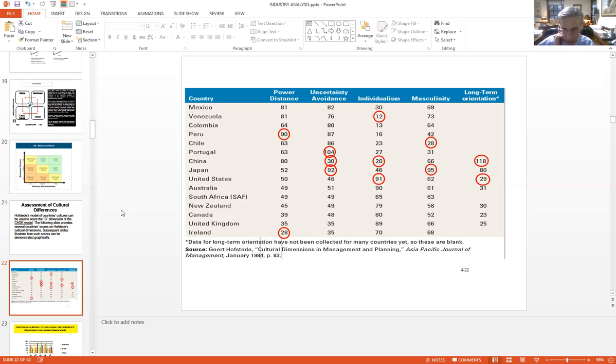Now, there's one other relatively new dimension of culture that has been posted partly on this chart, and that is long-term orientation. Japan and China both are long-term planners.